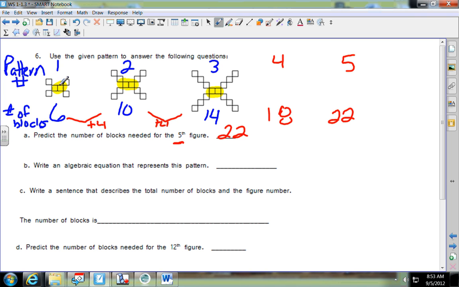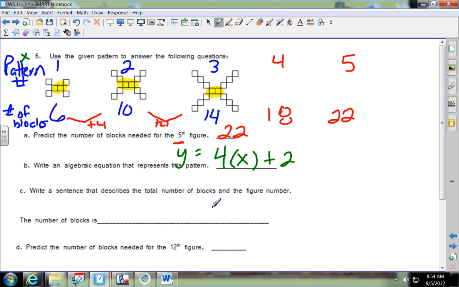What's changing is that I'm adding 4 around the edge each time. So 4 times the pattern number, which would be x. So 4 times 1 is 4, plus 2, which are these 2 that stay the same. The constant is plus 2. To make it an equation, I would add y equals.